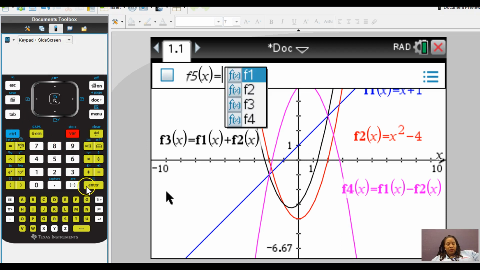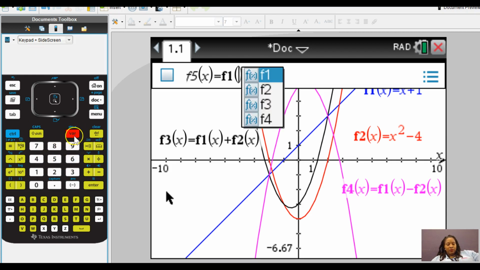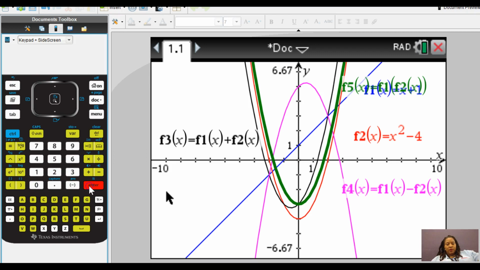Variable f1 of variable f2 of x, correct? So when we put x in here, that's like f of g of x, right? So when we get that, boom, look how that changed it. It's not the same as when you add it, is it? So as you play with this, you can start to compare.